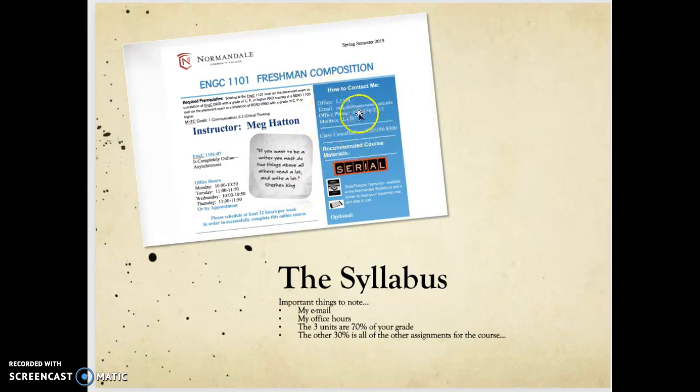The best way to contact me is email, because I check my email all the time. I'm not always in my office, so I don't necessarily get phone calls because I'll be teaching or I work from home a lot. So if you want to get a hold of me fast, I would do an email. If you want to call me and you want to have a conversation, that is absolutely a great idea.